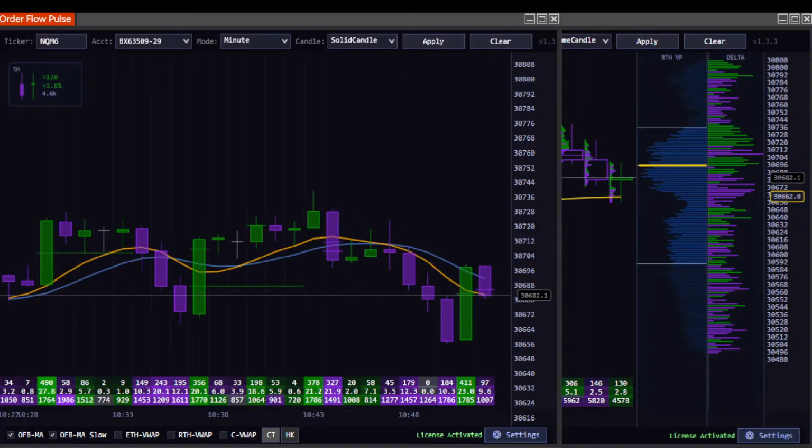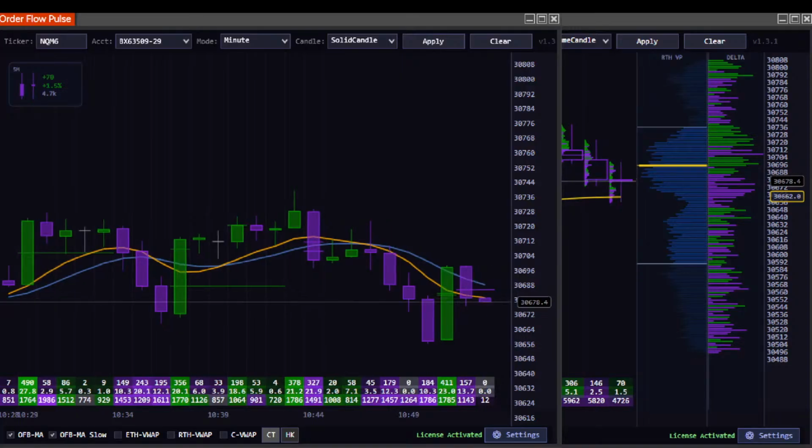Okay, let's get this back to 30. I don't even really need MBO data. I don't need level 3 data, to be quite honest. Okay, that is not a good trade.